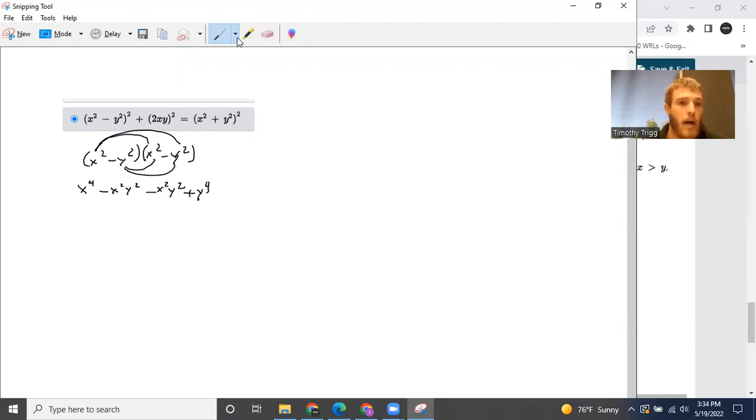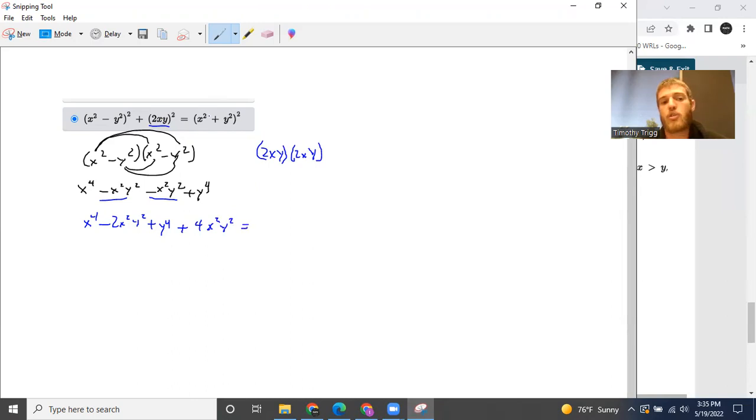Then you can combine this negative x squared y squared and negative x squared y squared. So that gives me x to the 4th minus 2x squared y squared plus y to the 4th. Now I'm going to do this 2xy squared. So that's 2xy times 2xy, which gives us 4, so plus 4x squared y squared.